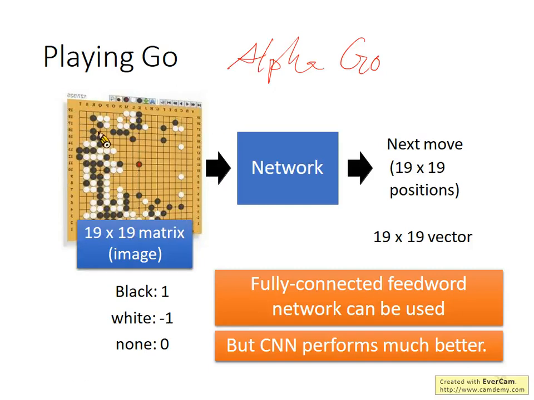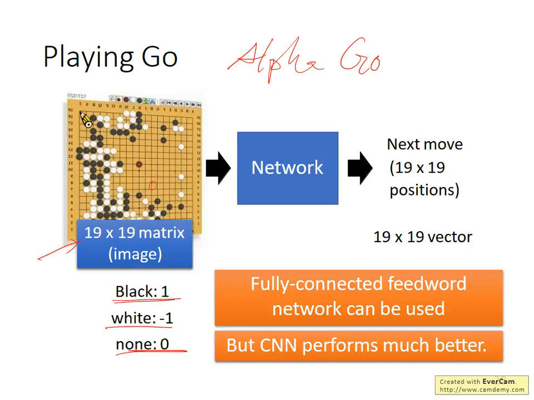We can imagine that in the game Go, the board is actually a 19 by 19 matrix. So we can view the board as an image, and we can view a black piece as 1, a white piece as -1, and if there is no piece on a position, we say that this point is 0.